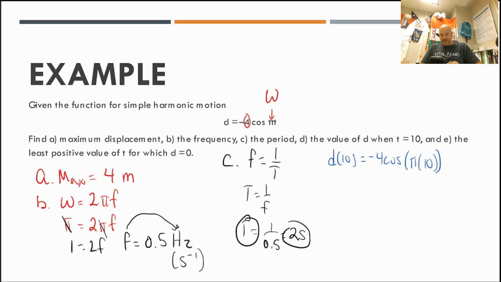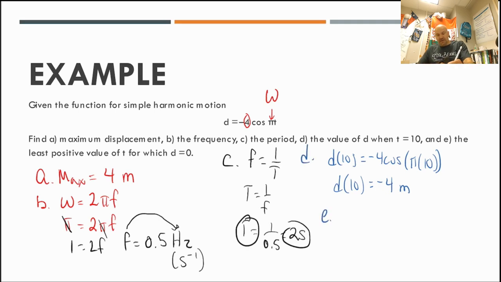We have -4 cosine 10 pi, and we find that at 10 seconds the displacement is -4. That should be easy because it repeats every 2 seconds. That means I have 5 complete cycles, so yes, it should return back to my original position.